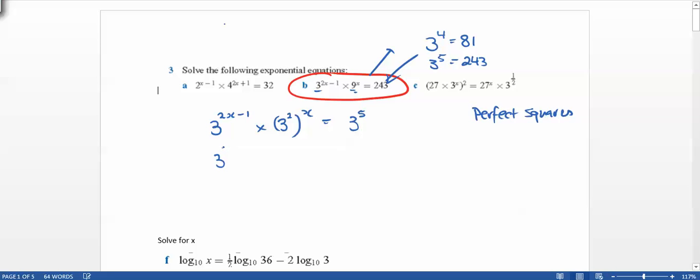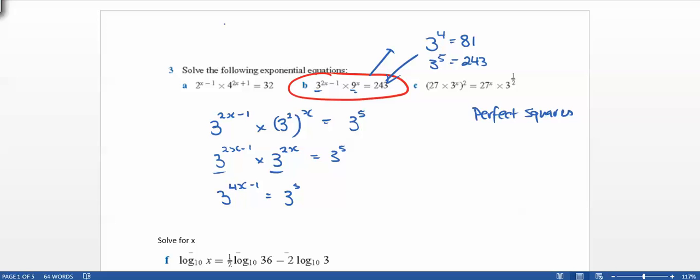Using one of your index laws, we've got 3 to the power of 2x minus 1 times 3 to the power of 2x, is equal to 3 to the power of 5. When we're multiplying things of the same base, we can add the powers. So we've got 3 to the power of 4x minus 1 is equal to 3 to the power of 5.